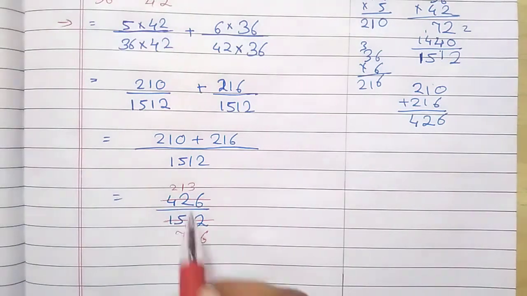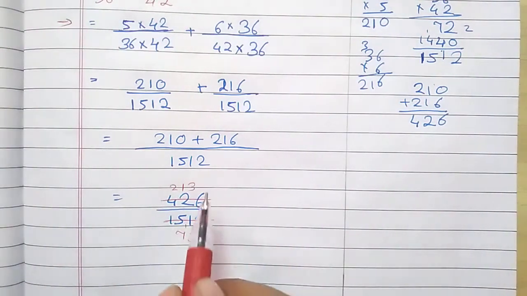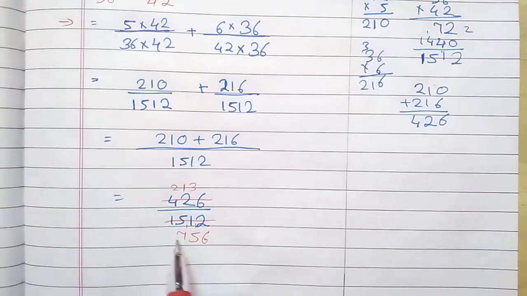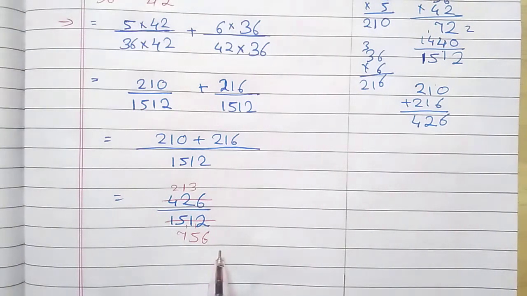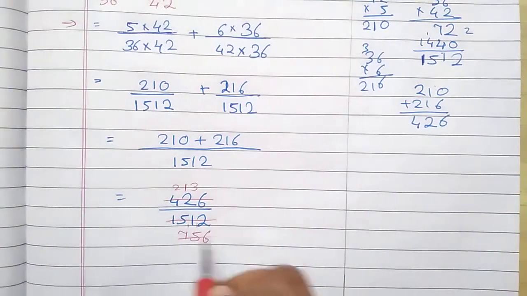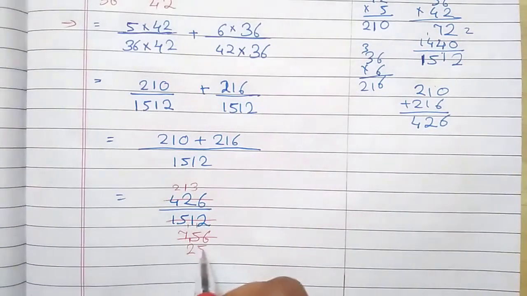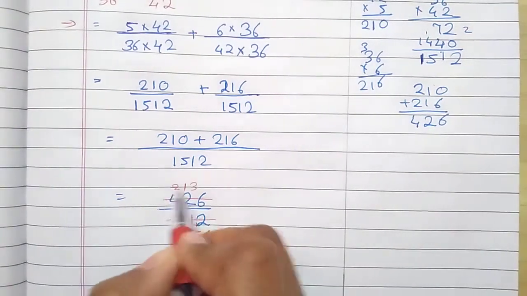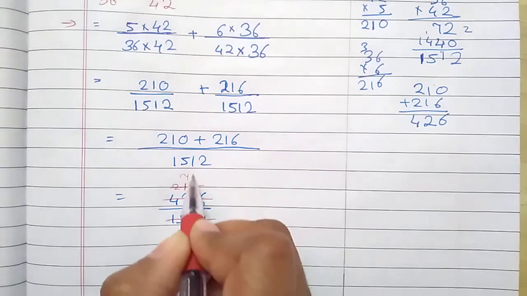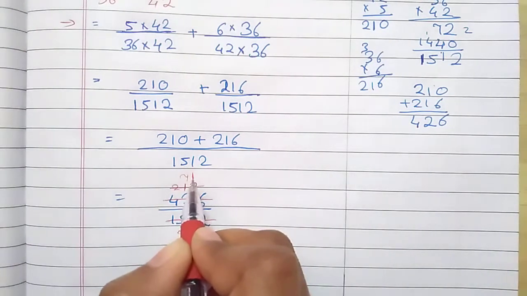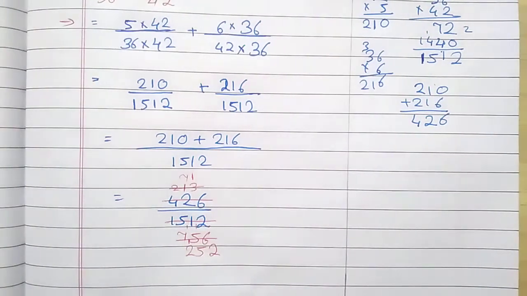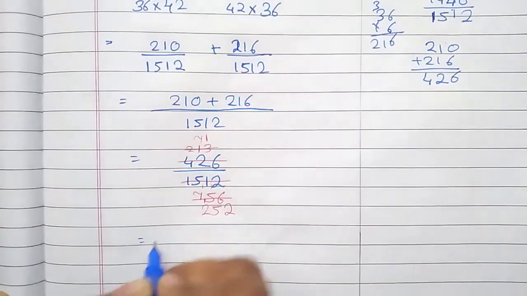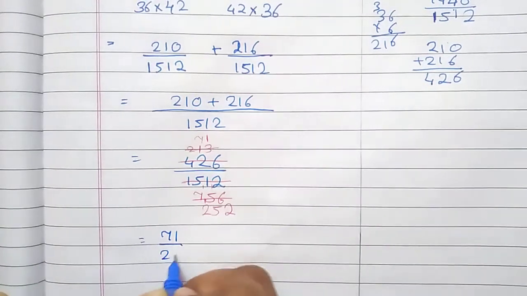So add the digits and check if it will go with 3's table or not. 3, 4, 5, 6, it will go. 9 will go in 3's table, so we'll divide with 3. 3 2s are 6, 3 5s are 15, 3 7s are 21, 3 1s are 3. Now add 7 plus 1, 8. It will not go with 3's table, so it will not divide further. Write here 71 upon 252.